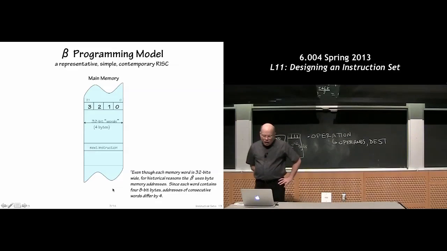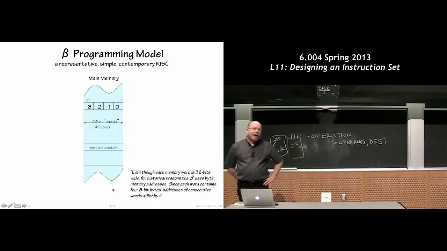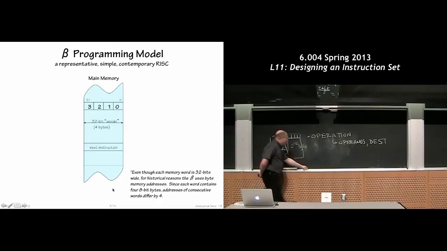So we have this memory organized as 32-bit words. And conceptually, when we send an address to the memory, we're going to be asking for a whole 32-bit value to come back. The address that we send is a 32-bit address, which is the 30-bit word index, and the bottom 2 bits will always be 0.